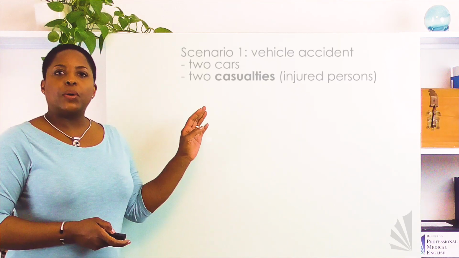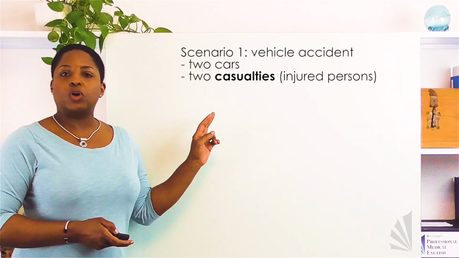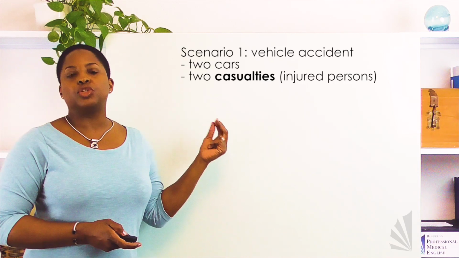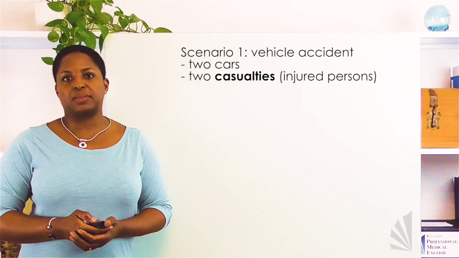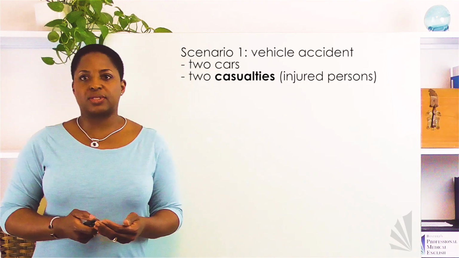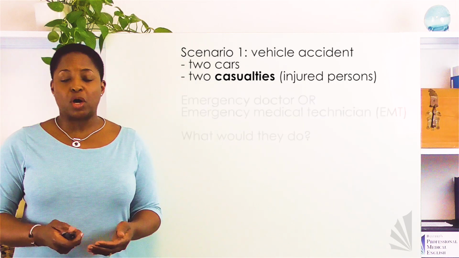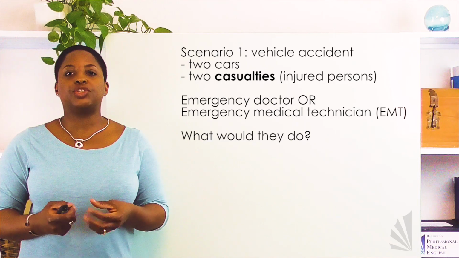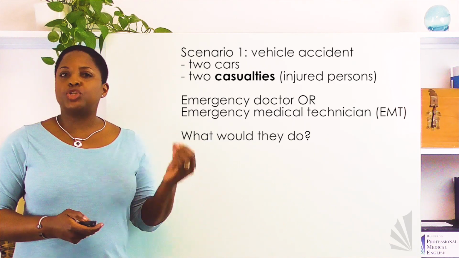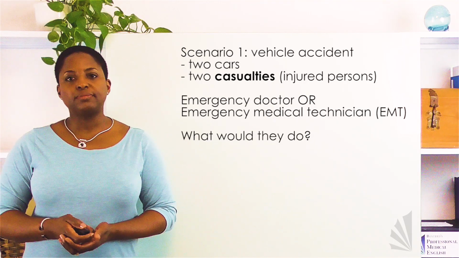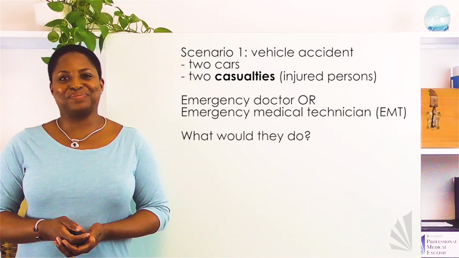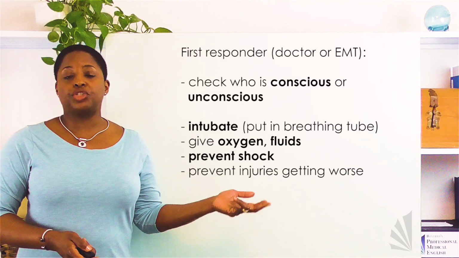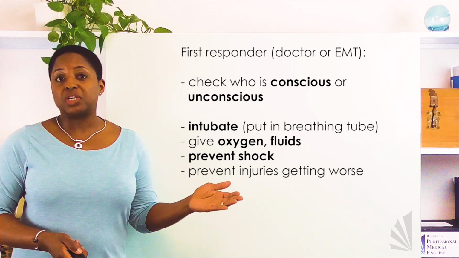So let's take a scenario of a motor vehicle accident involving 2 cars and 2 casualties. That is, 2 injured persons. Casualties. What are some of the things that a medical first responder, be it an emergency doctor or emergency medical technician, EMT, would do at a scene like this? Well, they check to see who's conscious or unconscious, who needs immediate care and who doesn't.